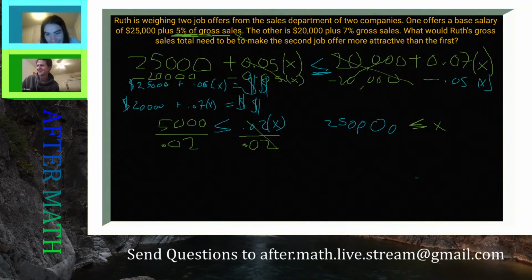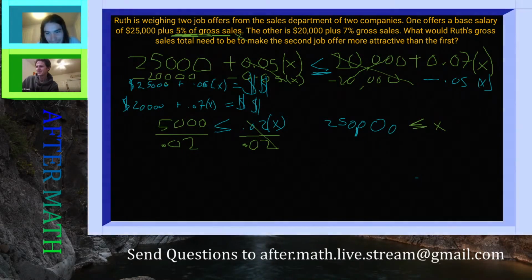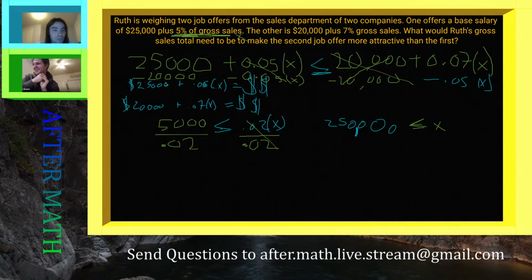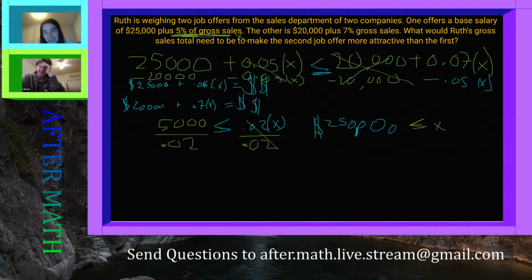Dude, that's some big money in sales right there. Yeah, you're gonna have to sell 250,000 Pokemon cards or something? Girl Scout cookies? So this is gross. We got to remember, this is 250,000. This isn't units, Jaden. This is going to be dollars, right? Yeah, because it's 7% of the gross sales.